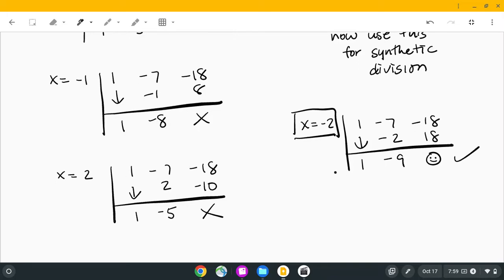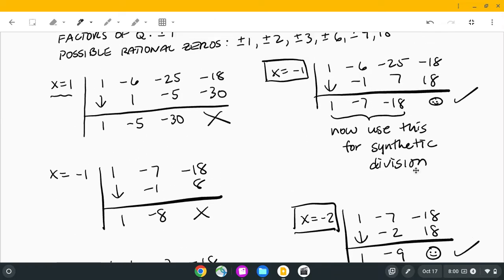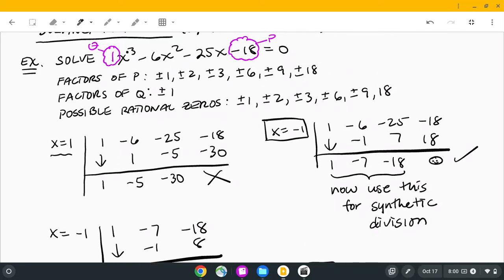And now what we have here is a linear polynomial, because remember, it's always 1 degree less. We started with degree 3, so these coefficients come from a degree 3 polynomial.